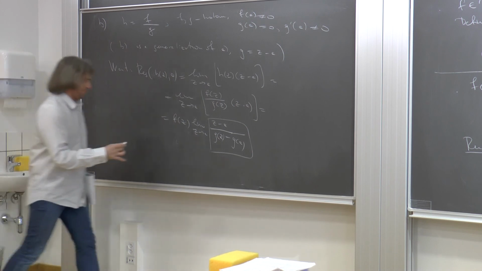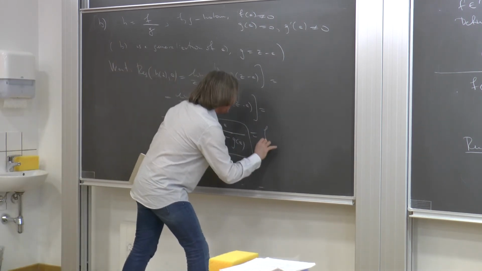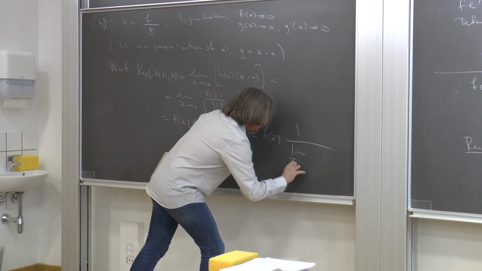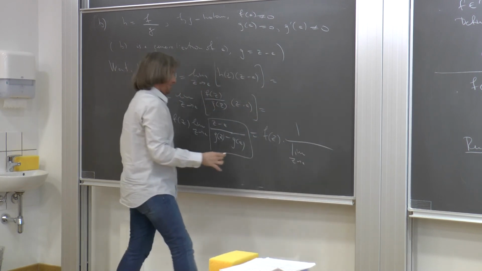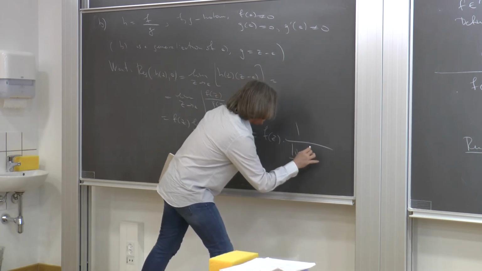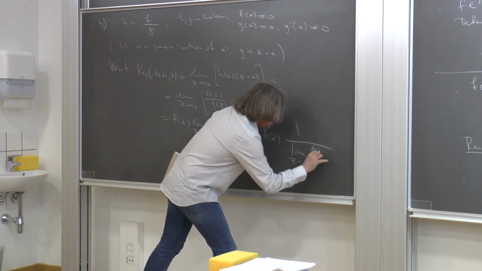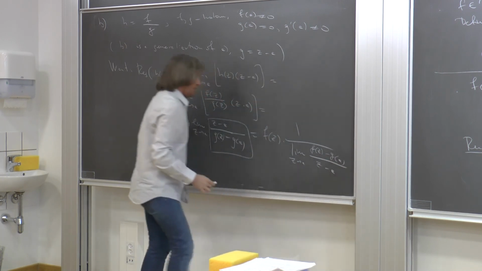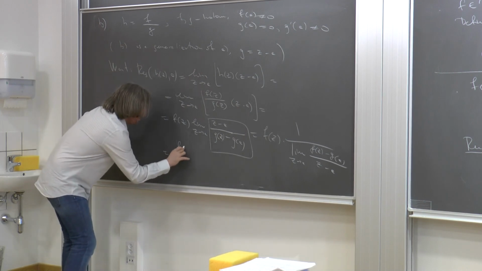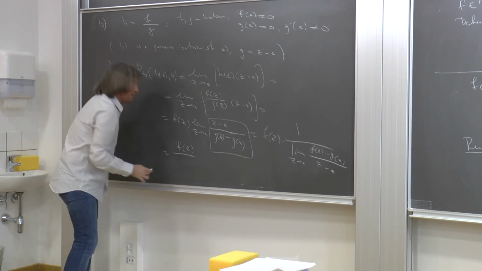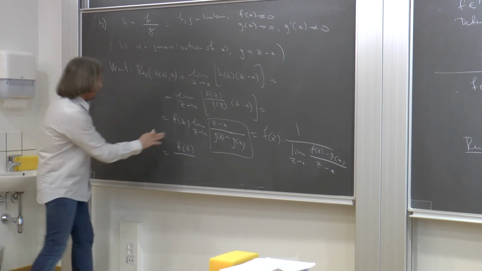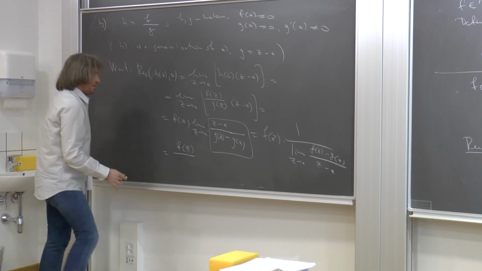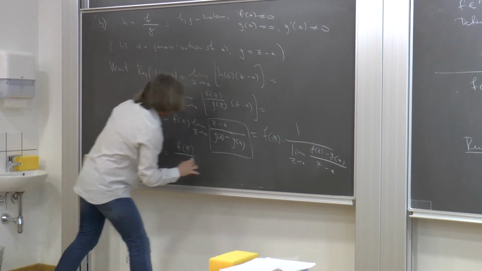So this is f of a divided by g prime of a.